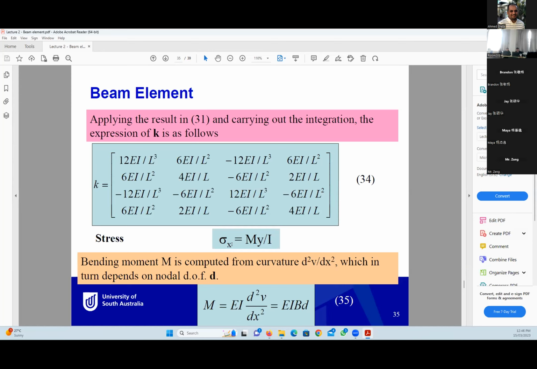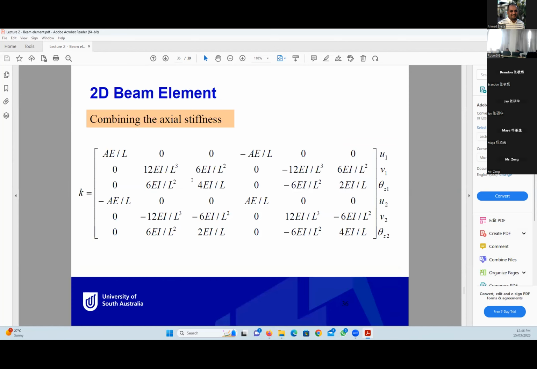Okay, and if you need the stress, you have sigma x equal to My by I. Okay, so now we don't need to do anything with this part, but we just need to recognize K. So K for a beam element is 4 by 4 because we are excluding the axial effect. If we include the axial effect, the member will be called a 2D beam element or frame element, or beam element combining the axial effect or the axial stiffness.